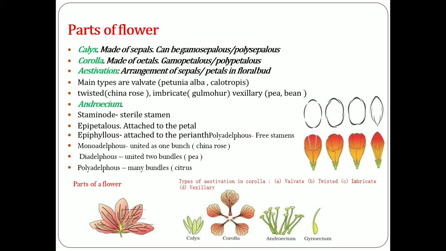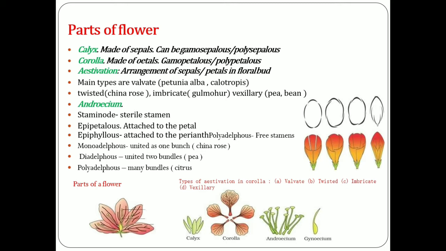5.5.1.1 Calyx. The calyx is the outermost whorl of the flower and the members are called sepals. Generally, sepals are green, leaf-like and protect the flower in the bud stage. The calyx may be gamosepalous, sepals united, or polysepalous, sepals free. 5.5.1.2 Corolla.